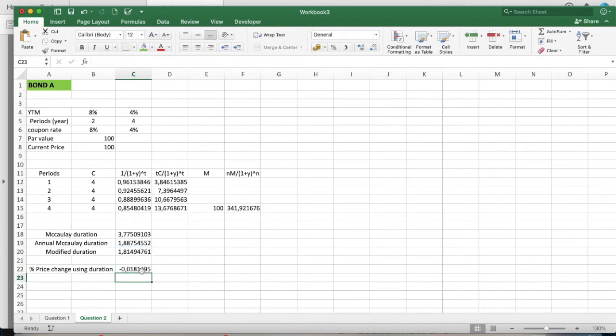So this is the price change using the duration.